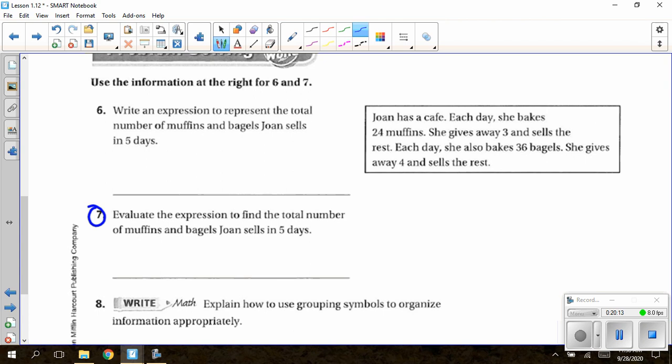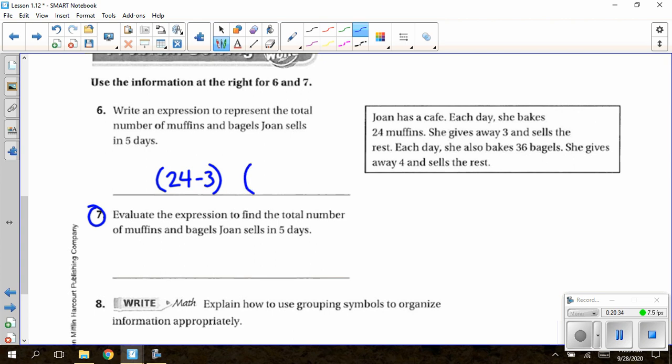So for the expression, if we are doing 24 muffins every single day, we would have 24, and then again she's giving away 3 of those muffins, so 24 minus 3 in parentheses to show how many muffins she would be selling. Same with the bagels.